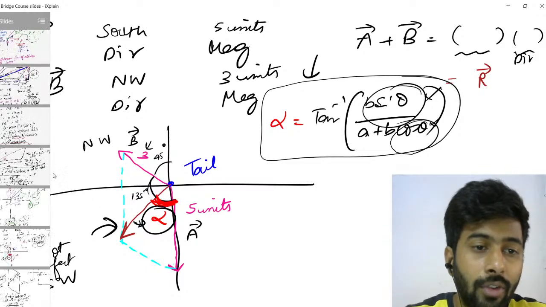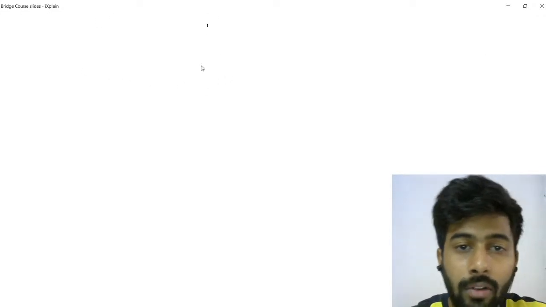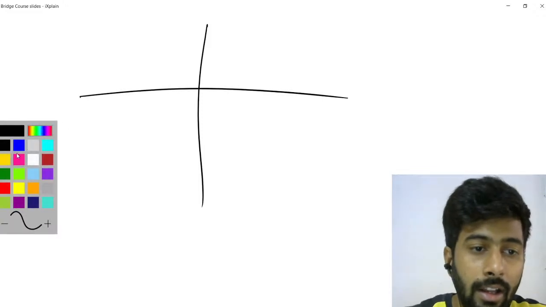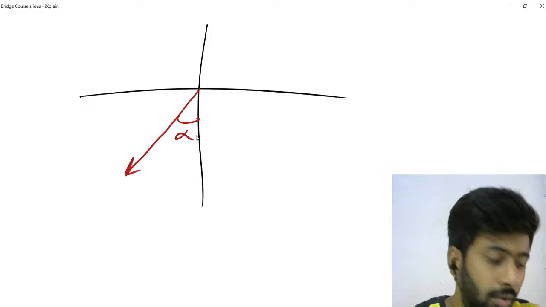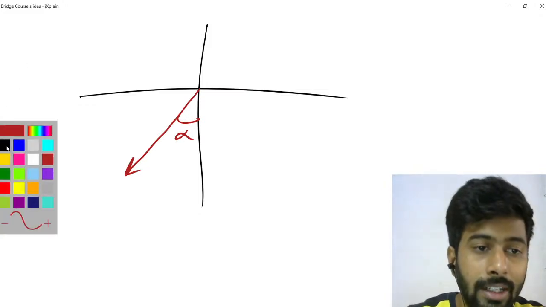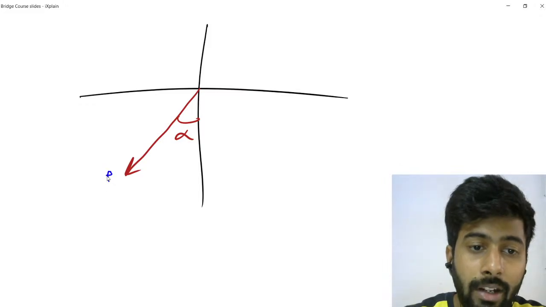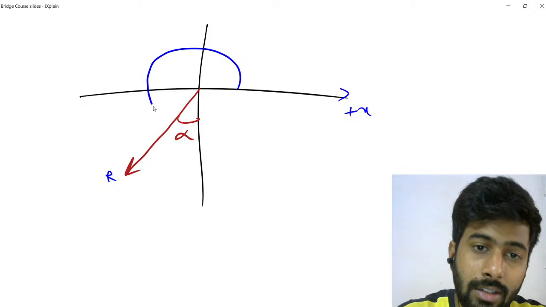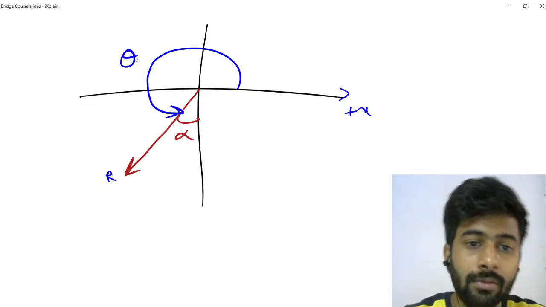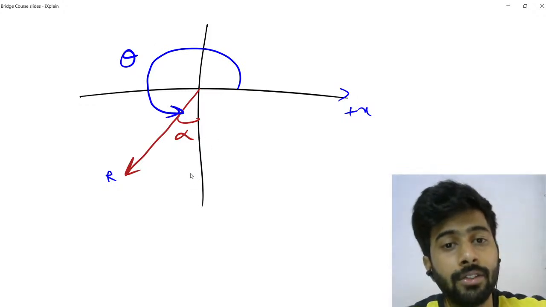If you have this vector's alpha, then do you not have the theta? Theta is the angle that this vector makes with the positive x-axis in the counterclockwise direction. So you can get theta.